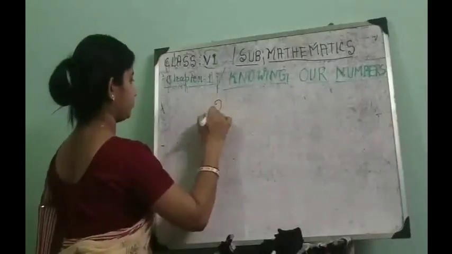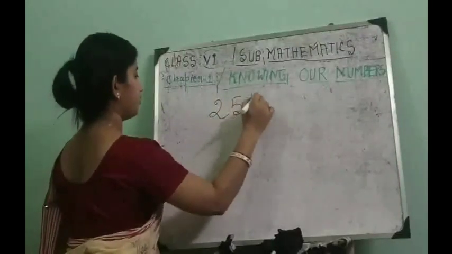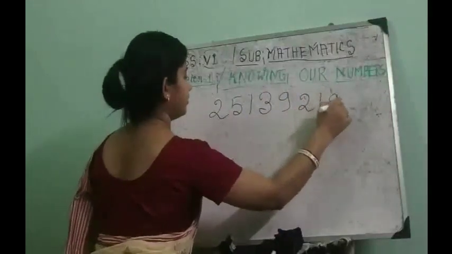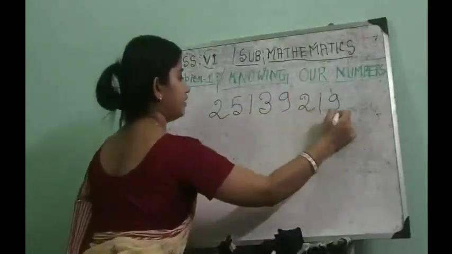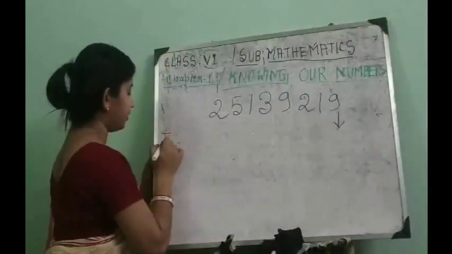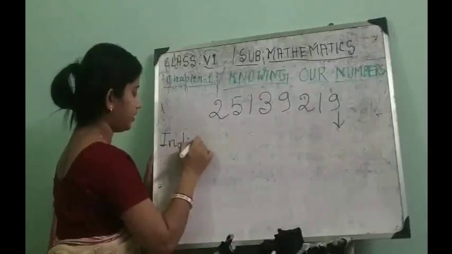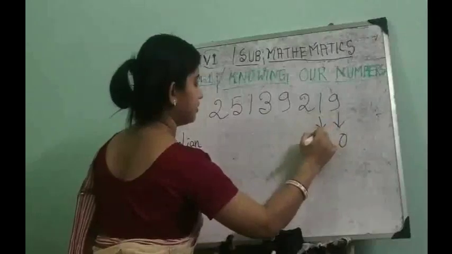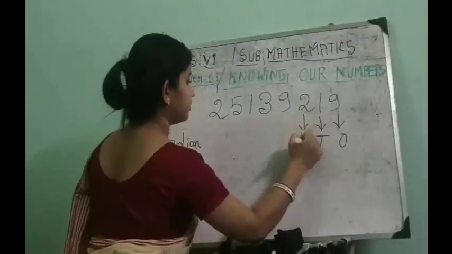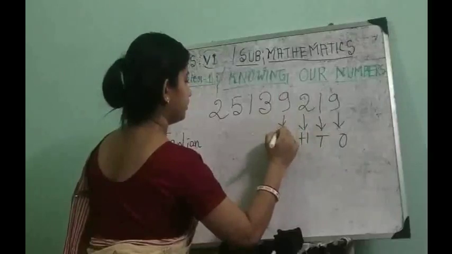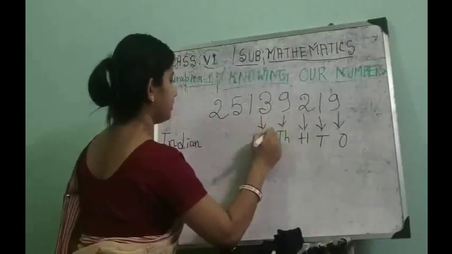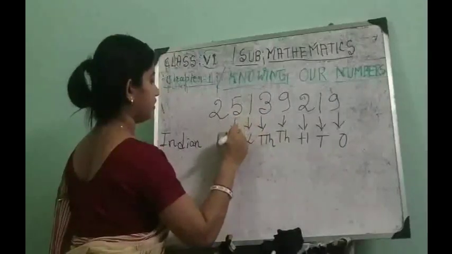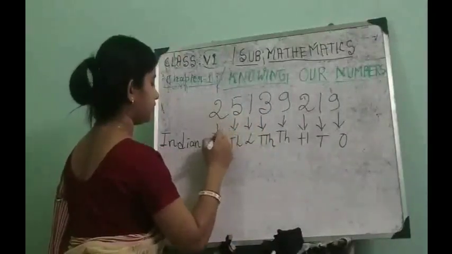Suppose 2, 5, 1, 3, 9, 2, 1, 9. Here in Indian method, this is 1 places number, this is 10 places number, this is 100 places number, this is 1000, this is 10,000, this is lakh, this is 10 lakh, and this is crore.